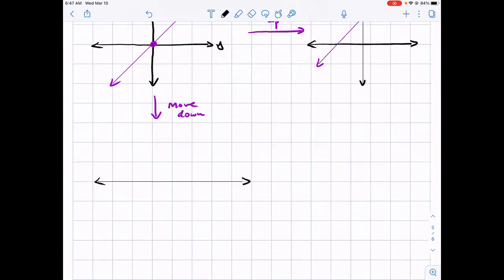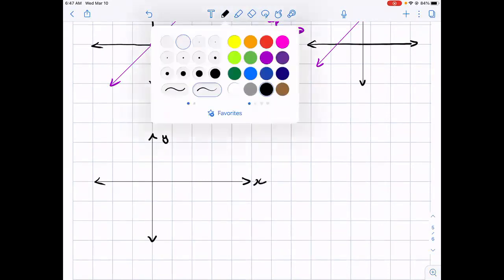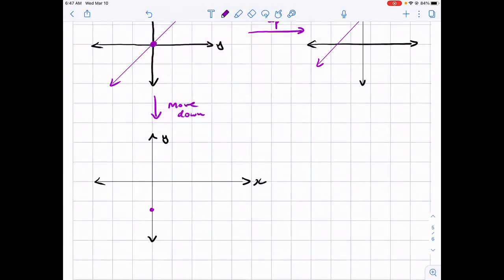So all we're doing is taking that point on the graph, that dot, which is at the origin right now, and if we now move it here, you will see that my graph would look something like this, which is in the form y equals mx plus b. So here is the b right now.